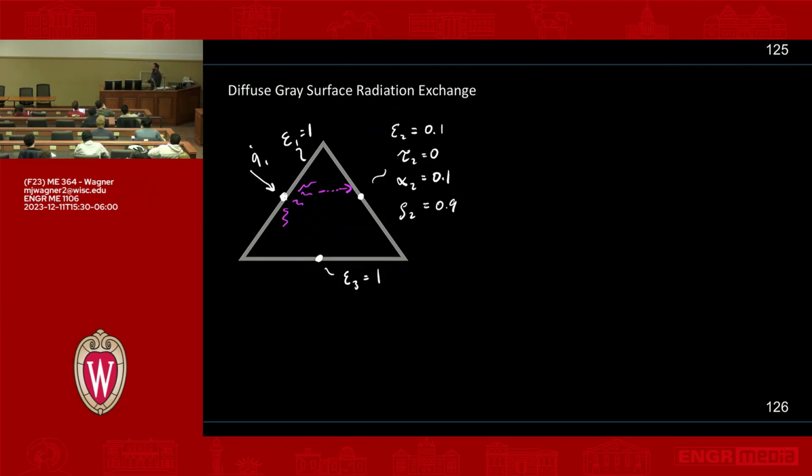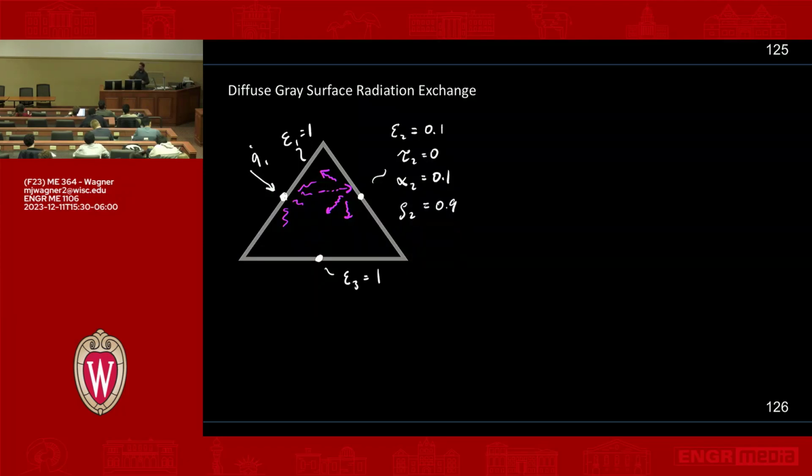Well, in a black body model, all of that radiation is absorbed, and then it's re-emitted at the temperature of surface 2. But in this case, now we have reflectivity. A significant amount of the light hitting surface 2, 90% of it in fact, is not absorbed at all. It's just reflected back. So from surface 1, now you have this reflection, and the reflection is diffuse, but that is in proportion to that reflectivity value.